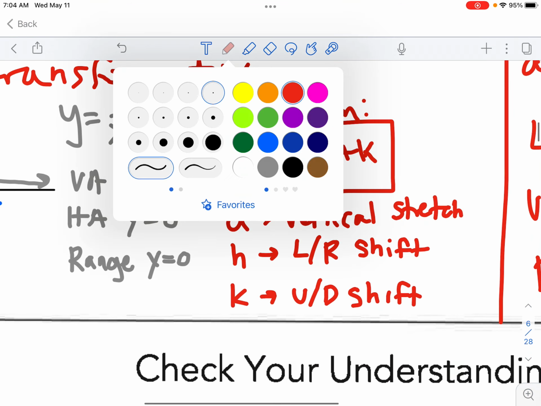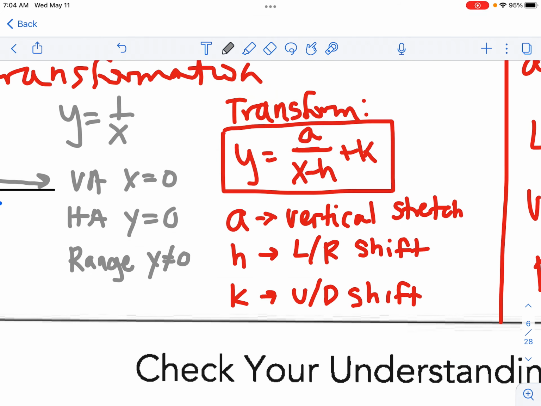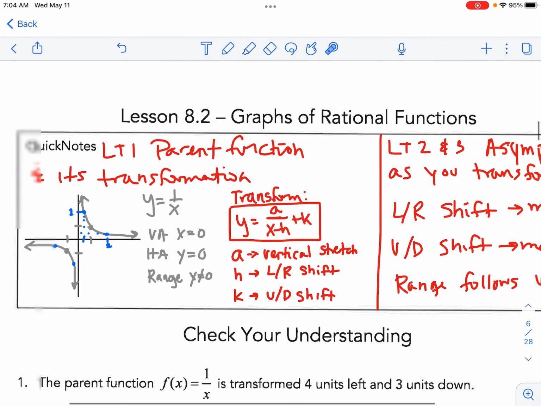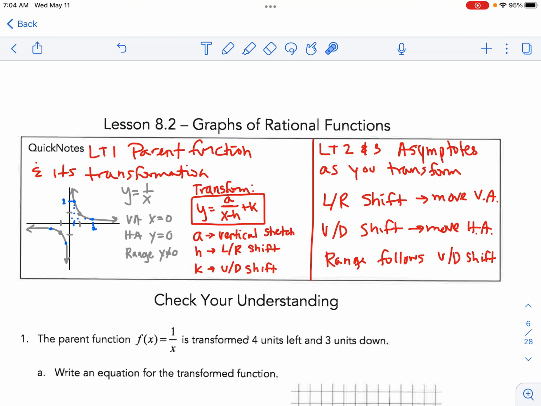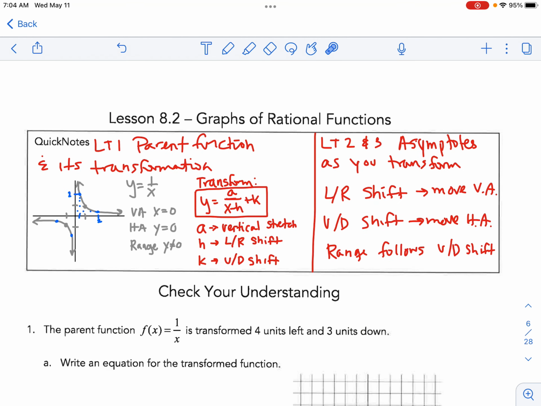Like for instance, in our parent function, the range cannot equal 0. If you can make that correction there, I forgot to put the not sign there, then that range cannot equal wherever that horizontal asymptote lands, in a sense. So that really kind of covers it.